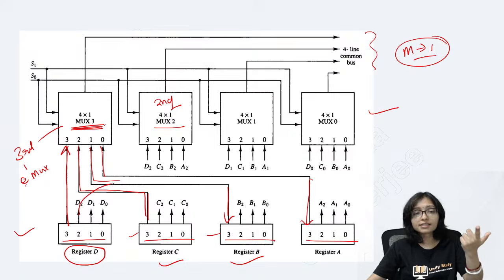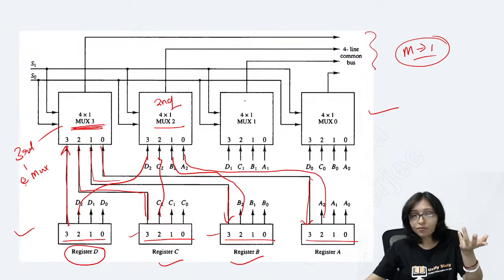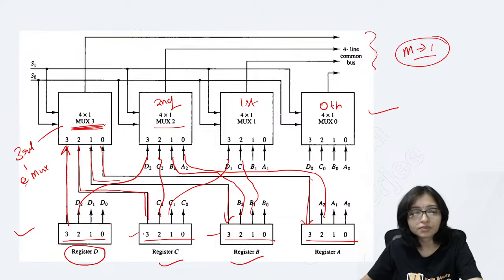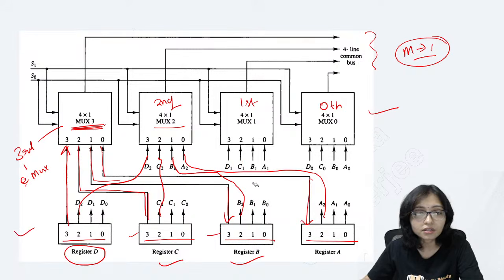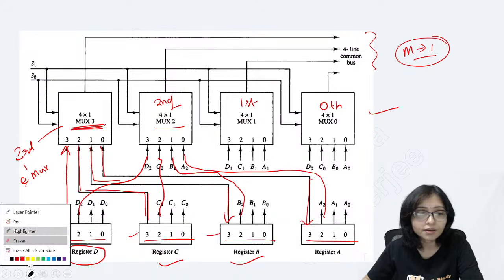So this second one will be taken from here, this second one here, this second one there, and this second one there. Same way it will take the 1st, and this will take the 0th one. Sorry, it will be taken from here.